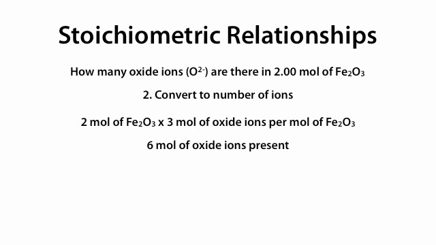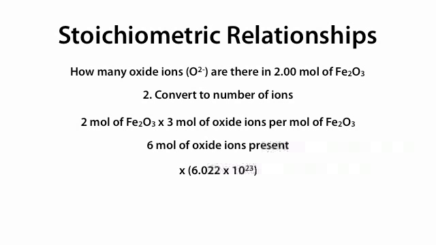Step 2. Convert to number of ions. Now, as we've said before, if we have a number of moles of elements, ions, or molecules, we can simply multiply that amount of moles by Avogadro's number, 6.022 times 10 to the 23rd.